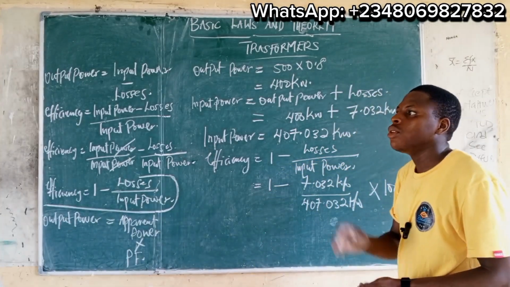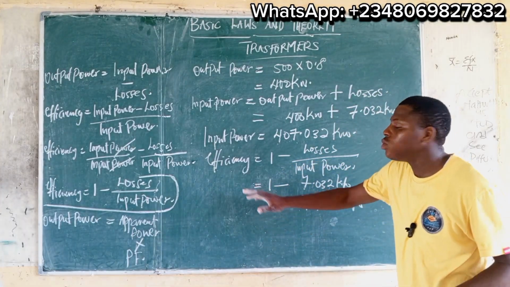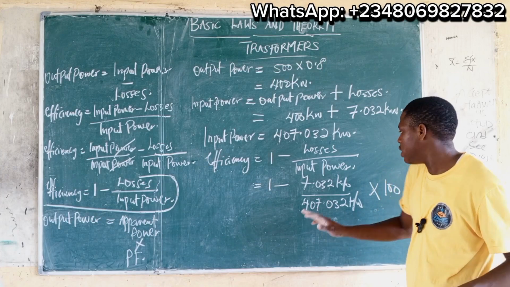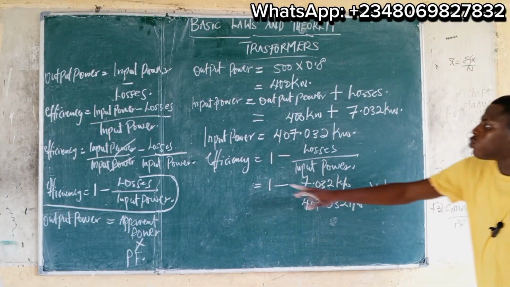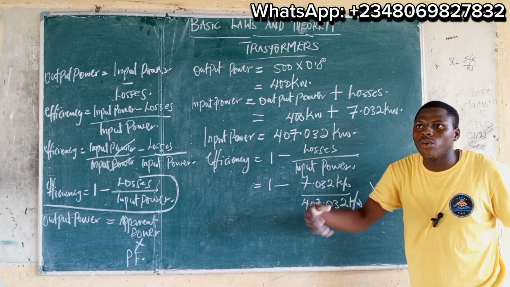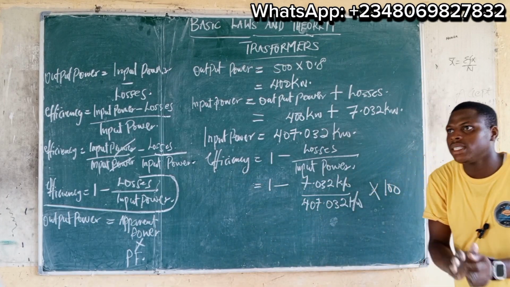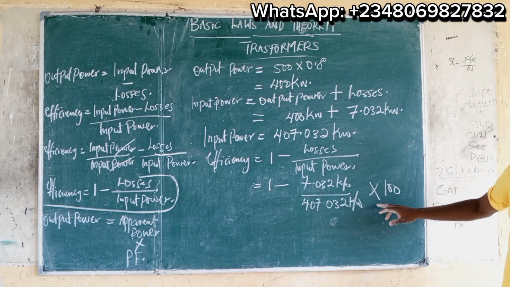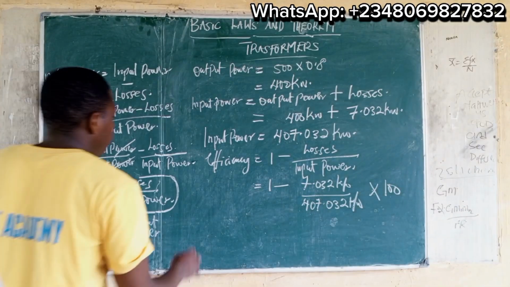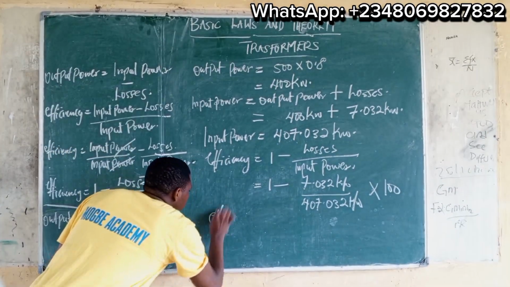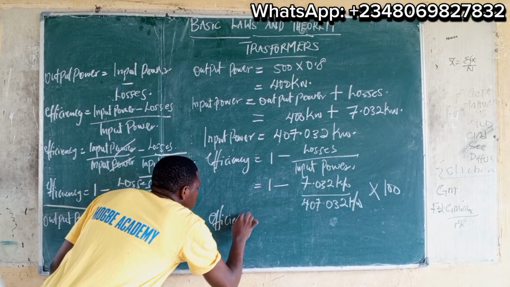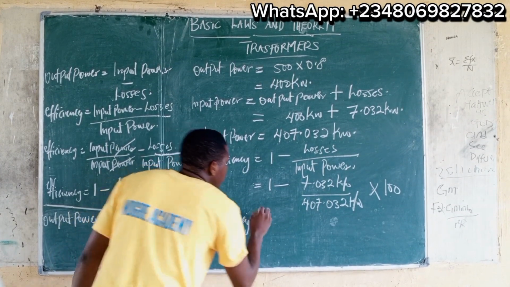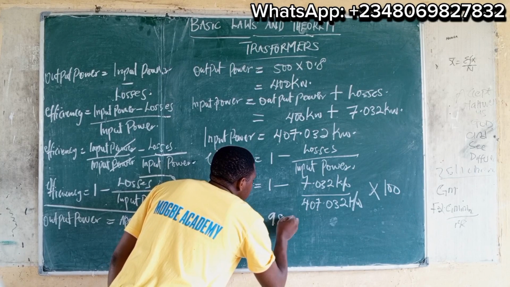But if you don't want your efficiency to be in percentage, remove this 100. But what we are talking about is efficiency in percentage, so after getting your answer, multiply it by 100.